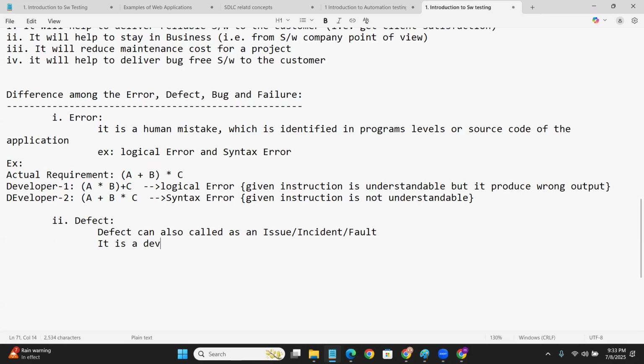It is a deviation between expected and actual results in AUT. AUT here means application under test, not at the programs level but at the page level, not the code level, in the page level. Right.